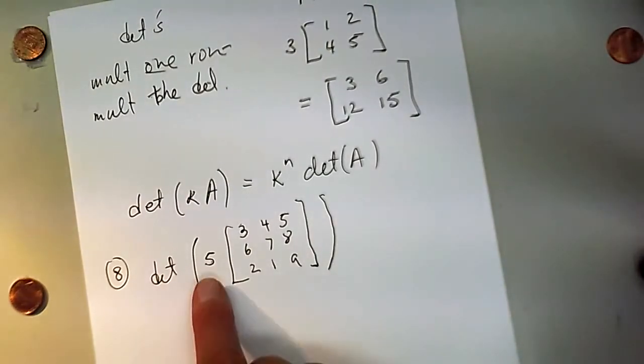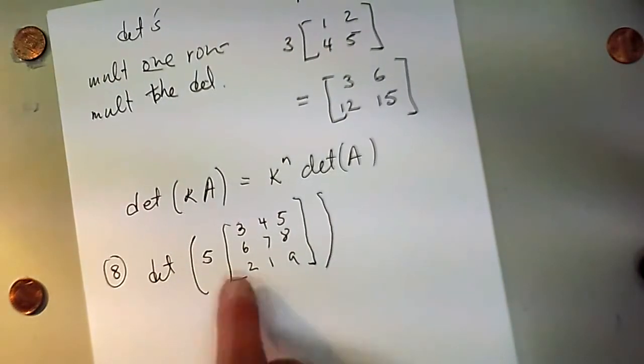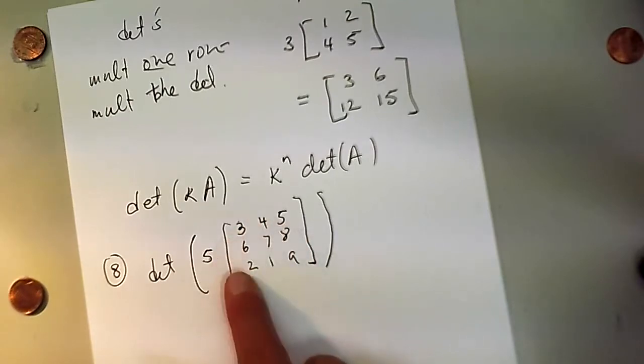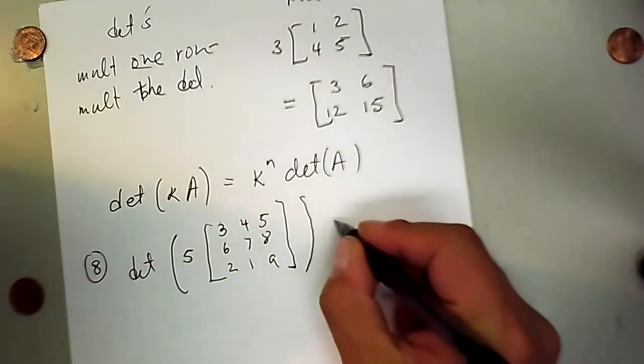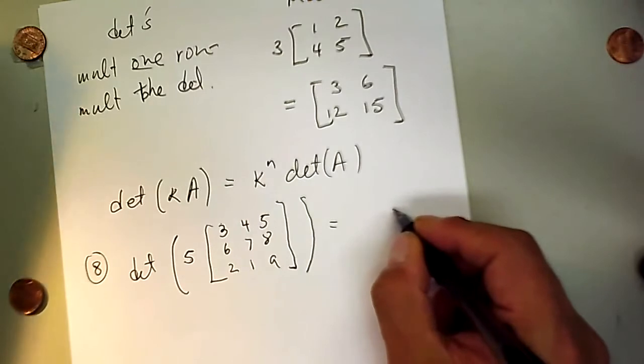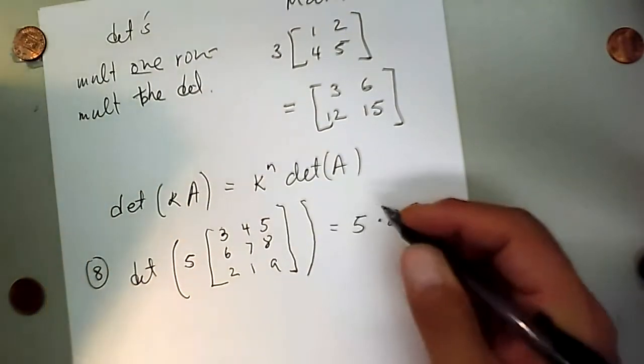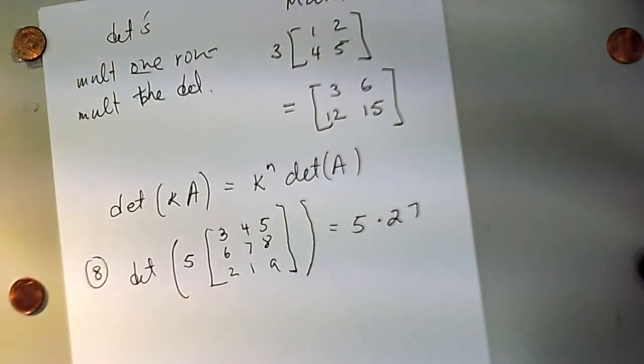Okay, the determinant of 5A, pretend that is A. Now, we know the determinant of A is 27. So if we were naive, we would say, well, that is 27 times 5. But that is not correct. We're going to fix this.